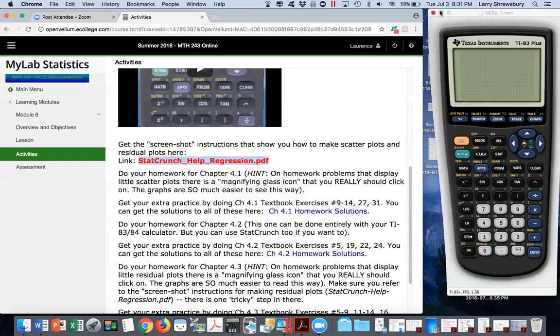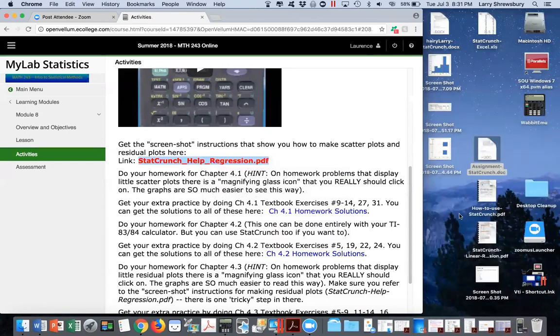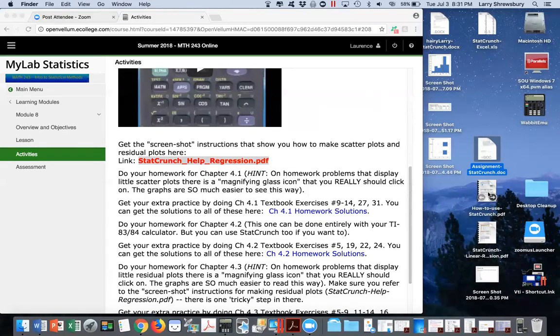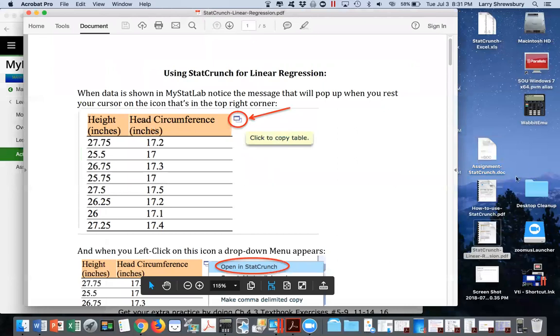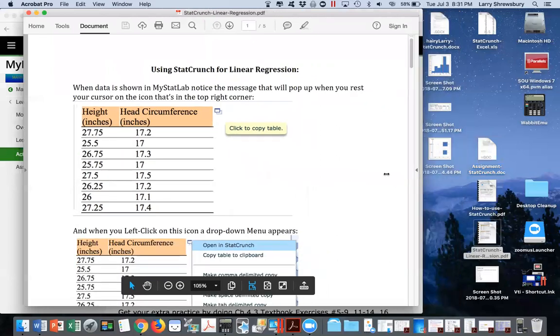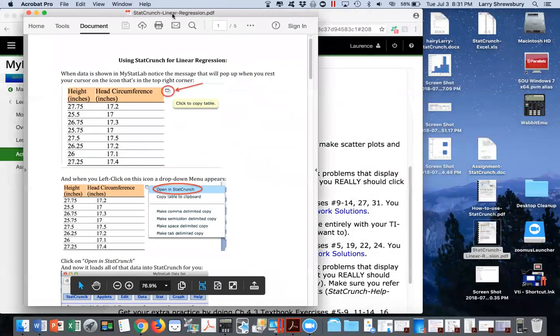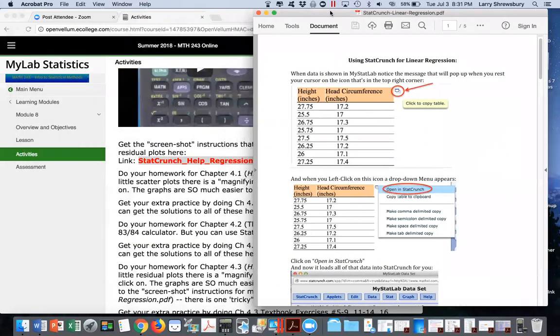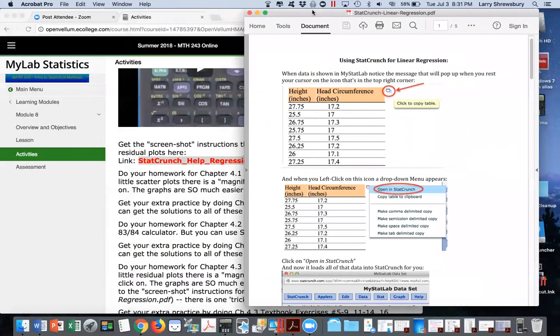Now, I've already got this downloaded. It's how to use Statcrunch linear regression. The nice thing is, when you use this, it's going to load the data into Statcrunch for you, and this lets you know how that happens.